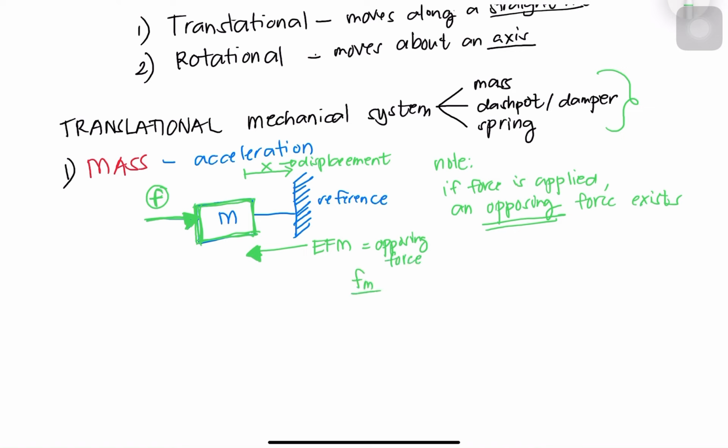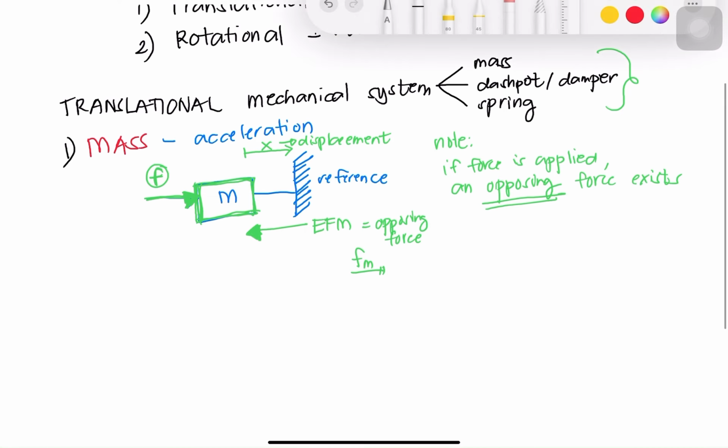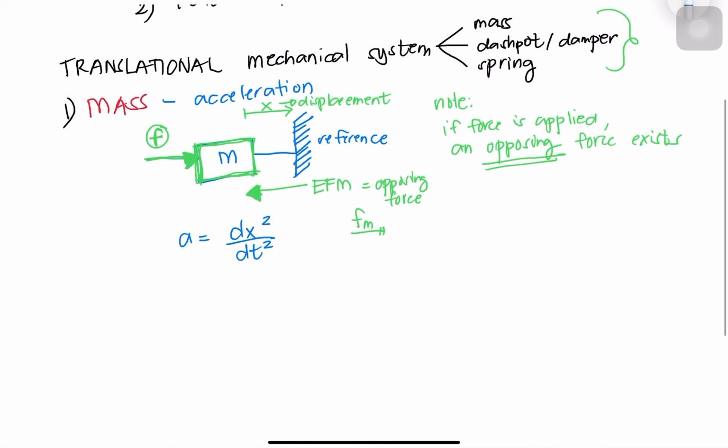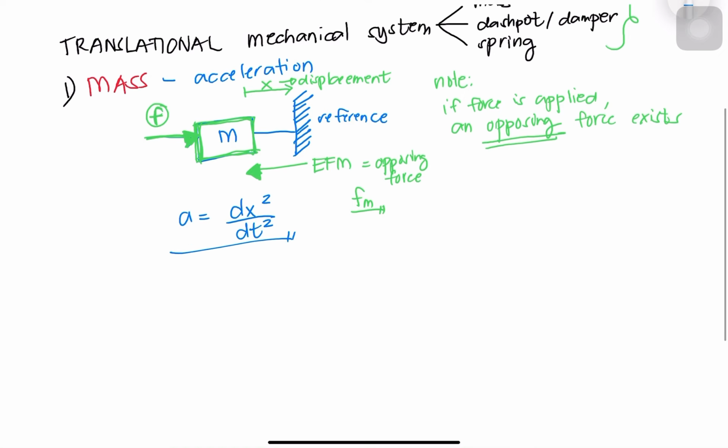So we call this Fm for mass, and this is the opposing force, or it is also the force due to mass. Okay. So since we mentioned already that mass is a function of acceleration, wherein acceleration is equal to d squared x over dt squared. Okay, basic physics, we can get the formula for this force as, so again, Fm, or this force due to mass, is a function of acceleration.